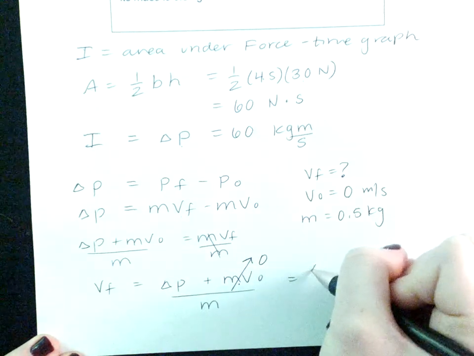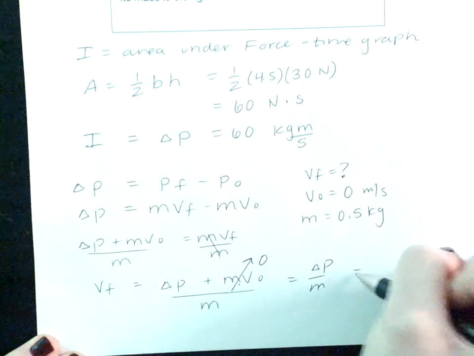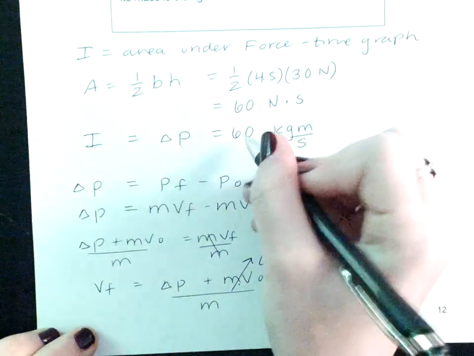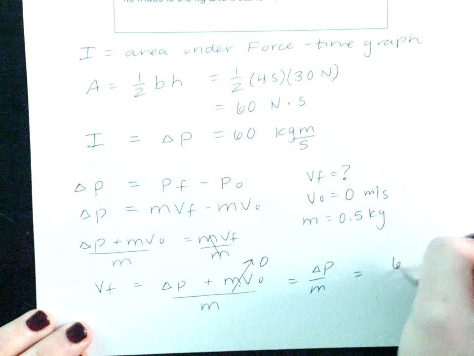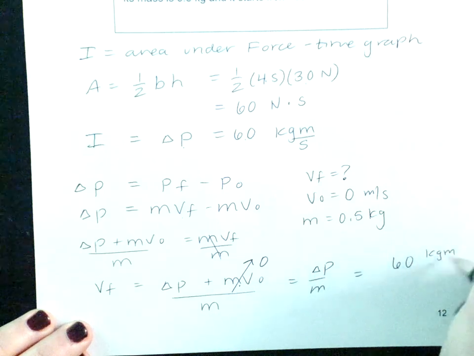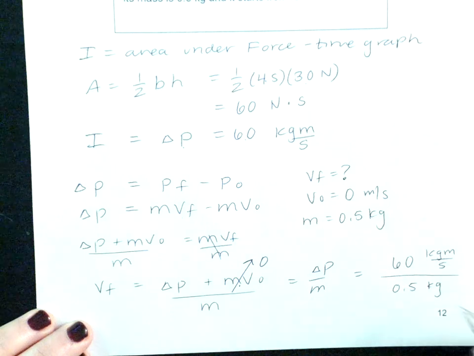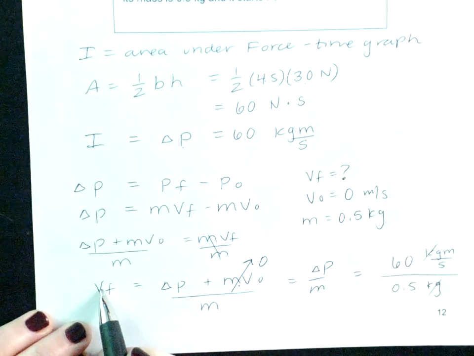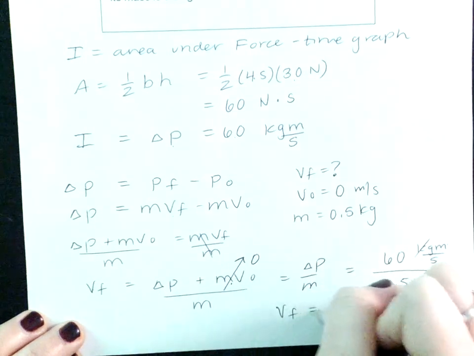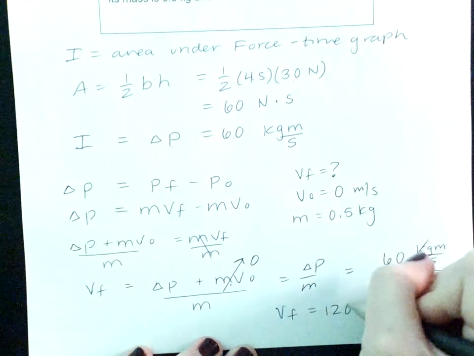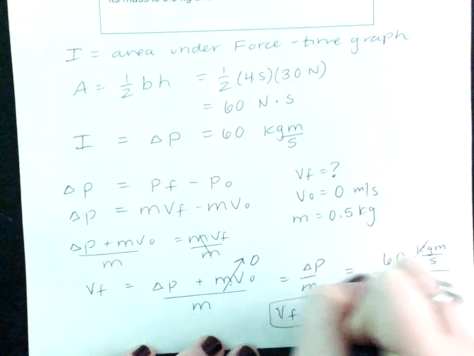So we're just left with delta P over m. We know delta P. Delta P was 60 kilogram meters per second. And we know m. M is 0.5 kilograms. So our kilograms cancels. We're left with meters per second, and that makes sense because we're looking for velocity. And you get 120 meters per second as your final answer.